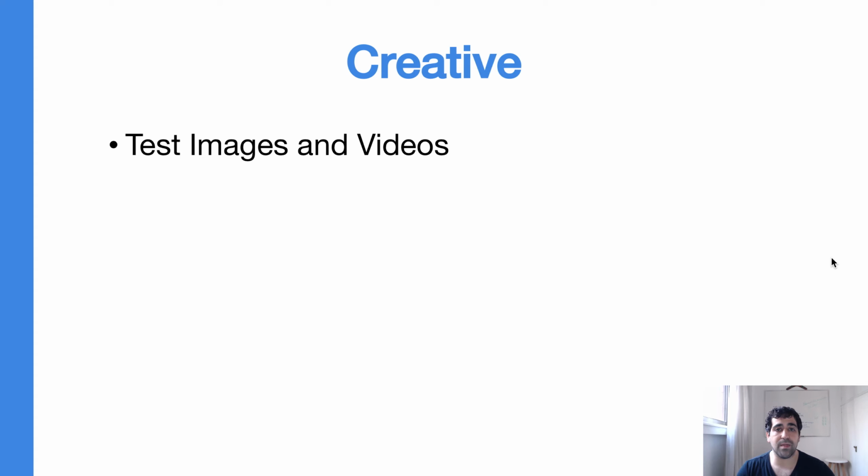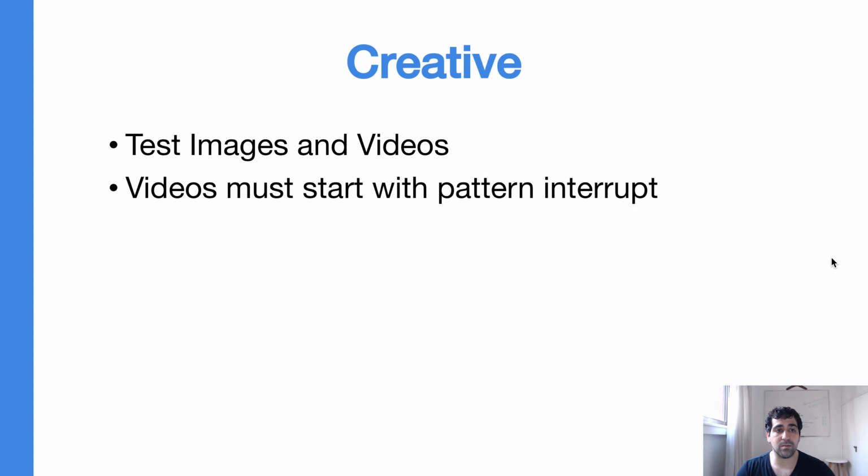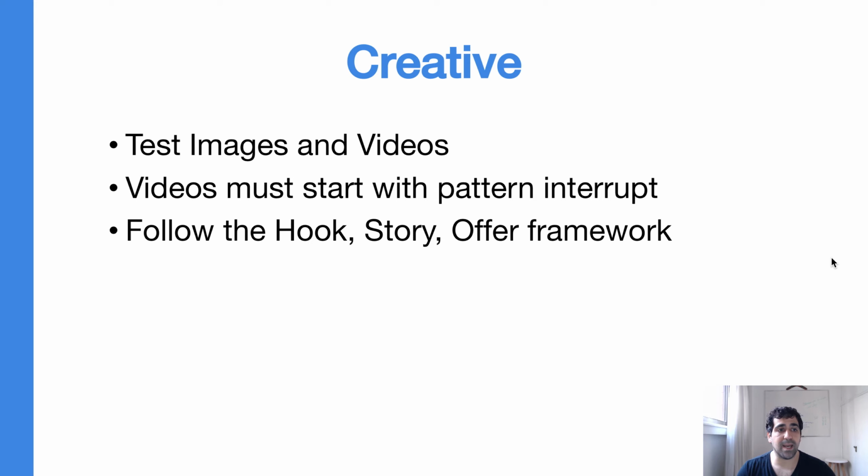You need to be doing both, because depending on the market or depending on the prospects, one or the other is going to be working better for you, or maybe you can get ads that are working with images and others that are working better with videos. Videos obviously must start with a pattern interrupt. The feeds are crowded with ads and people are getting more and more used to seeing them every time, so make sure you have a great pattern interrupt at the beginning.